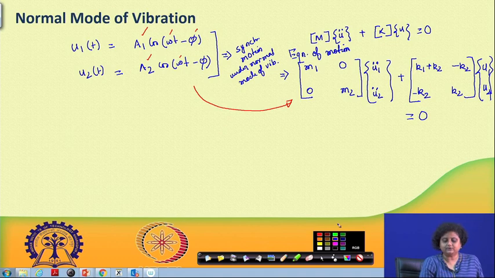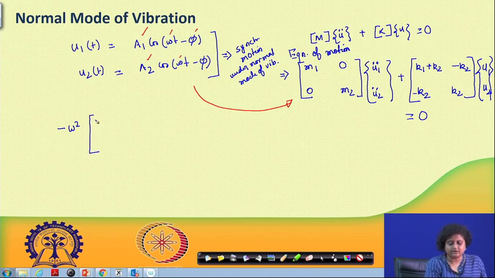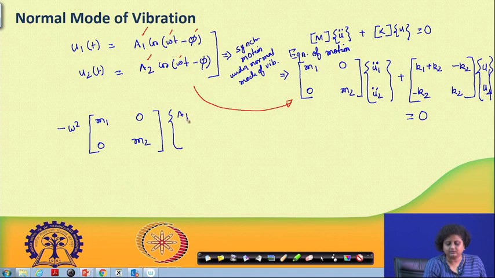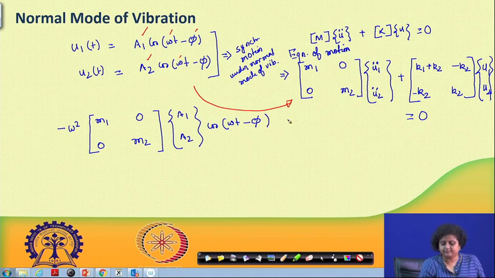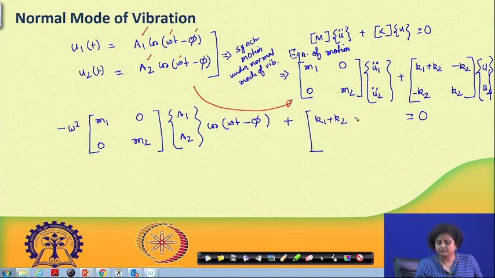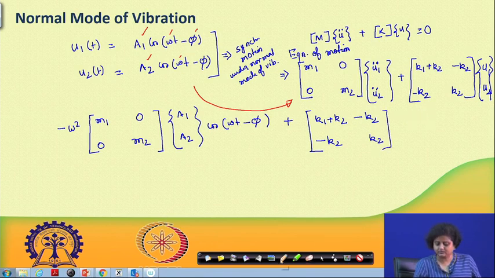So, if I substitute this into the equation, I can write this as minus omega square into the matrix [m1 0; 0 m2] into [a1; a2] cos(omega t minus phi), plus the matrix [k1 plus k2, minus k2; minus k2, k2] into [a1; a2] cos(omega t minus phi).